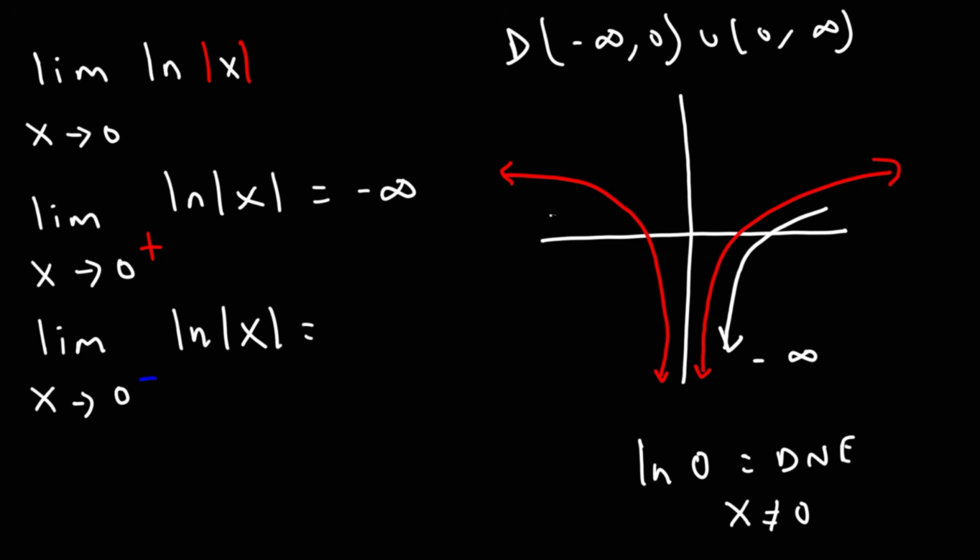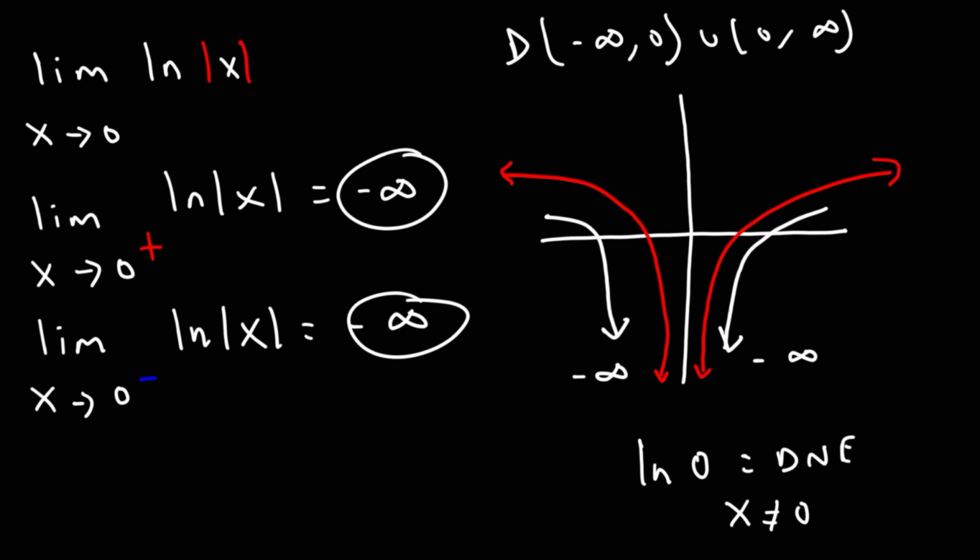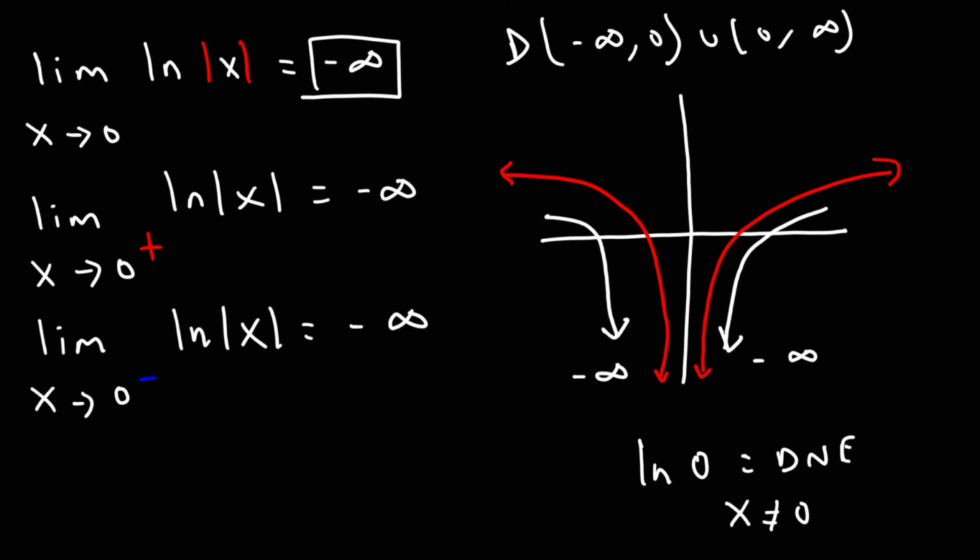As we follow this graph and approach 0 from the left side, it too goes to negative infinity. So because these two are the same, the limit as x approaches 0 of the natural log of the absolute value of x is going to be negative infinity. This limit does exist, even though ln 0 does not exist.